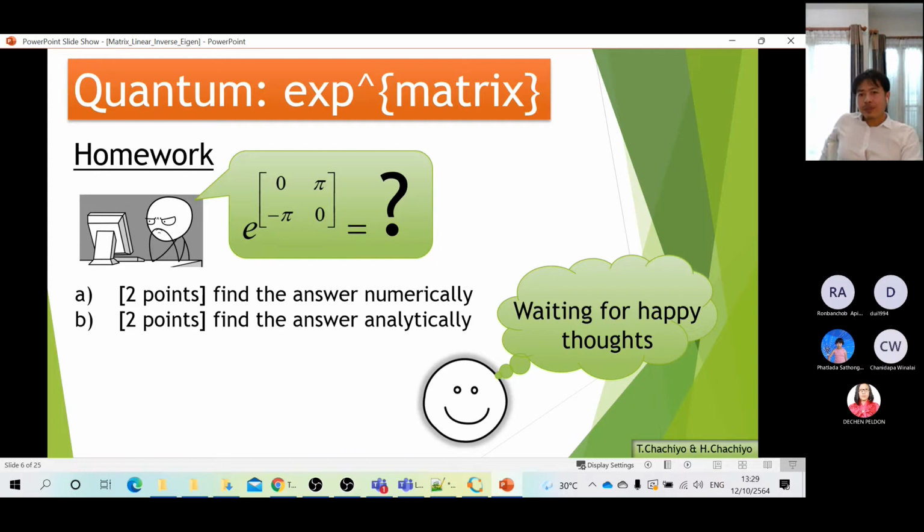You can show me how to do it using numerical expansion. You add some numbers, you get some number and you tell me what it is, you get 2 points. Or you can prove it using your scratch paper and pencil or a pen, and you get another 2 points. Okay, that's due a week from today.